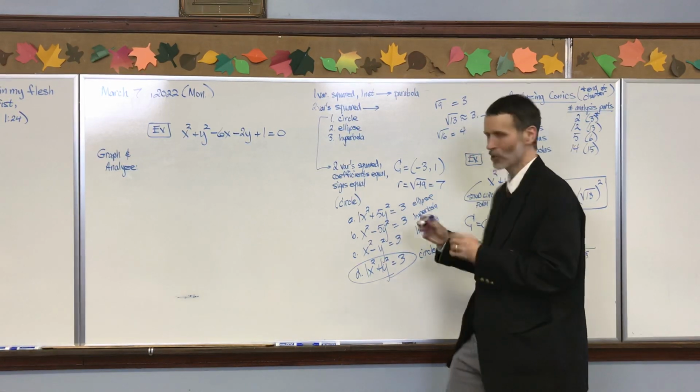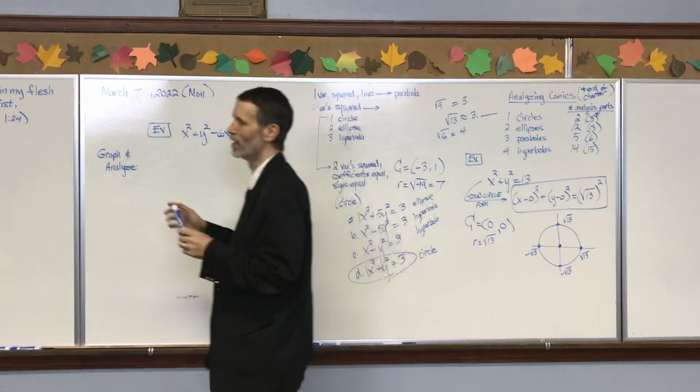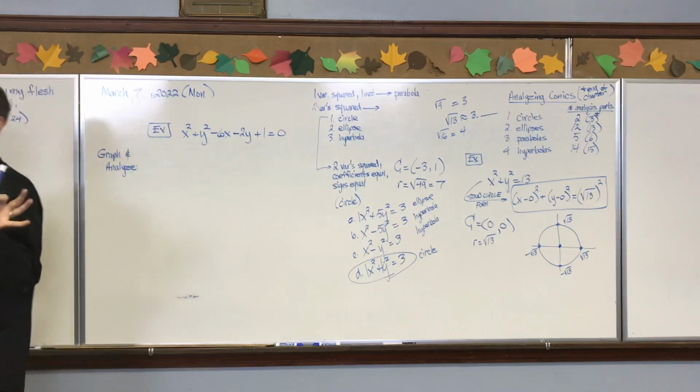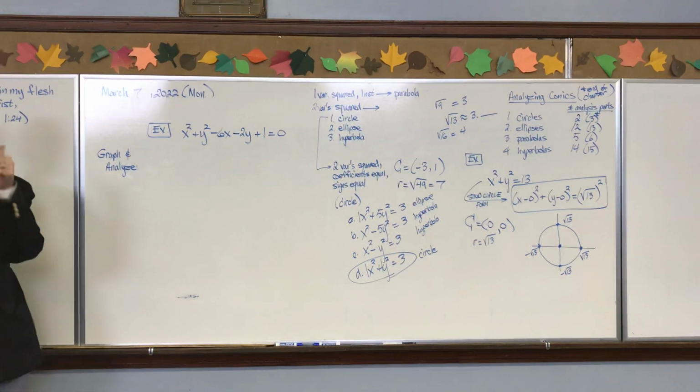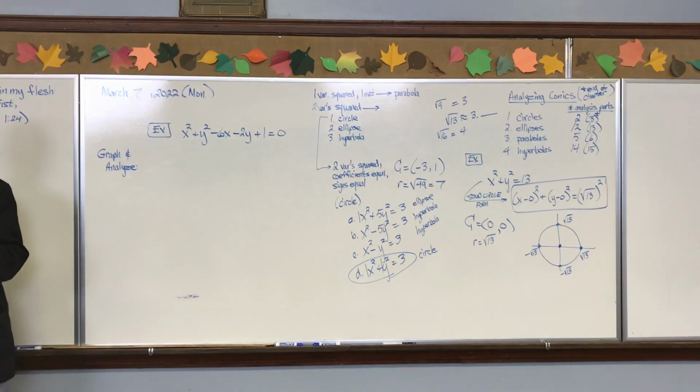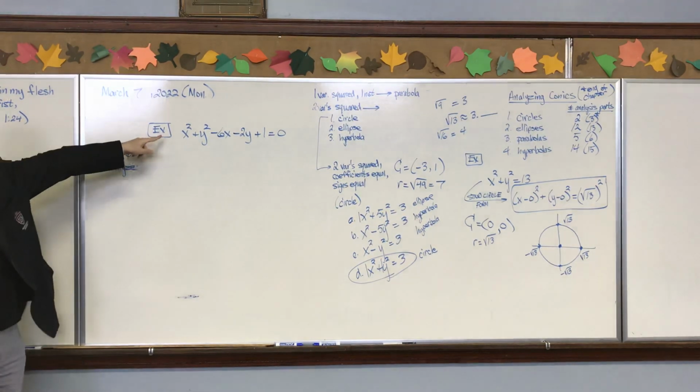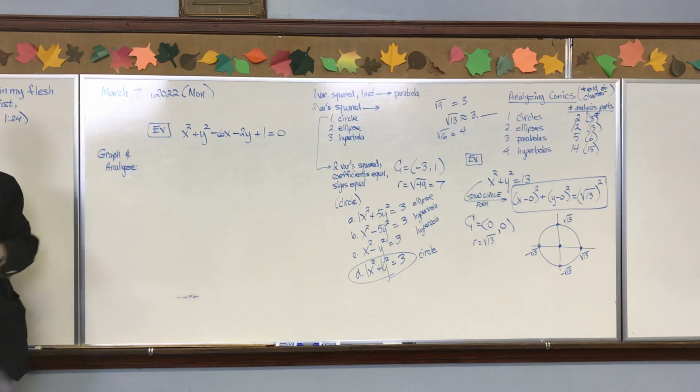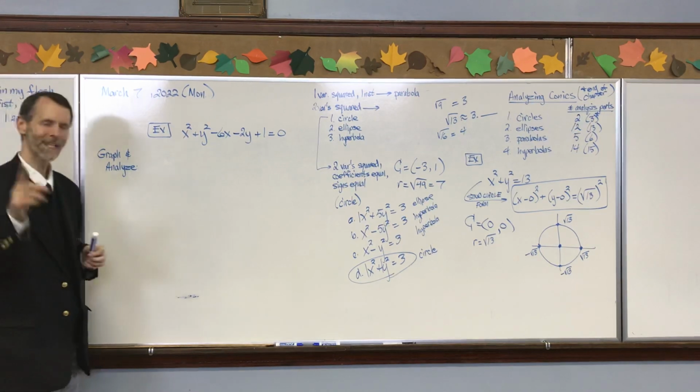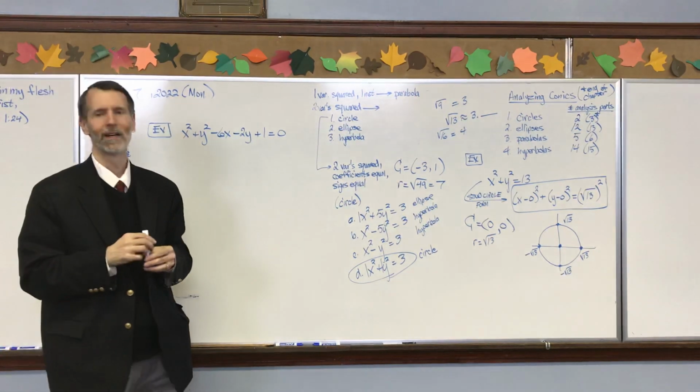So if you can spot a circle from a distance, look and see if there are two variables squared, see if the coefficients are the same, and see if they're both added. What do you think? What shape is this thing? Take a wild guess. It's a circle, exactly. Why is it not a hyperbola?